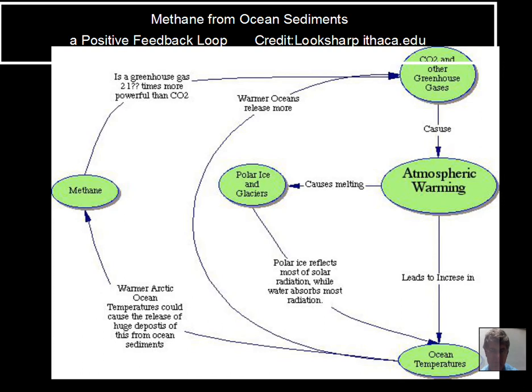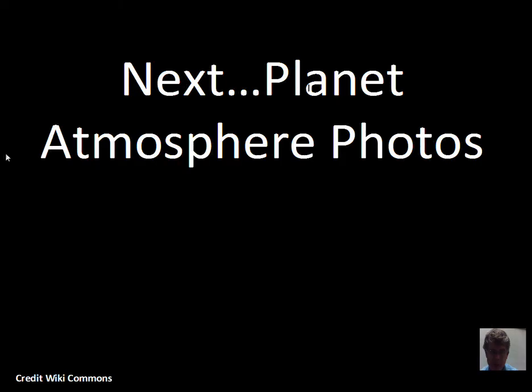Some of this has some debatable issues to it, but many scientists are concerned that we may reach a point where we can't pull back. There are too many natural forces in play that are releasing greenhouse gases.